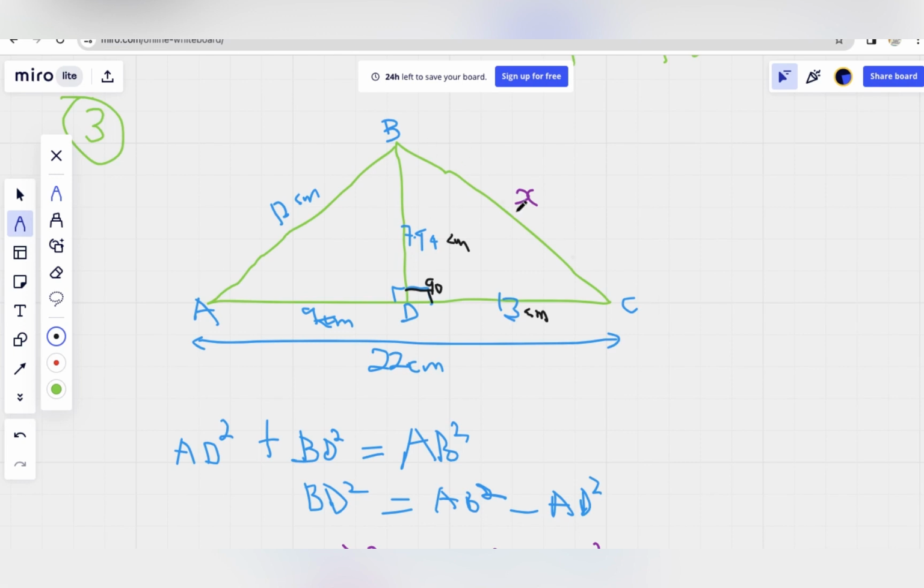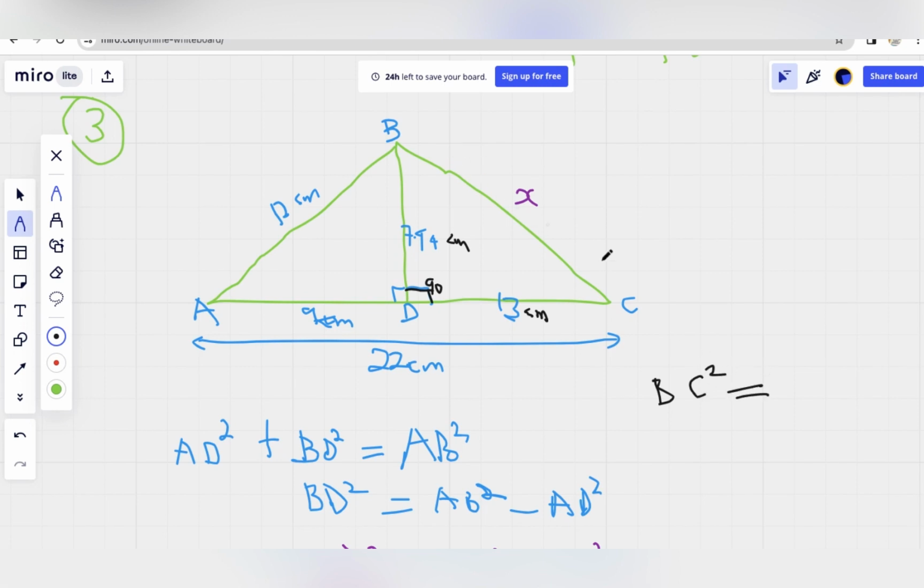So here we're looking for the longest side. Since we're looking for the longest side, we're going to say BD square plus DC square. To find BC, the longest side square is equal to the sum of the other two sides square.